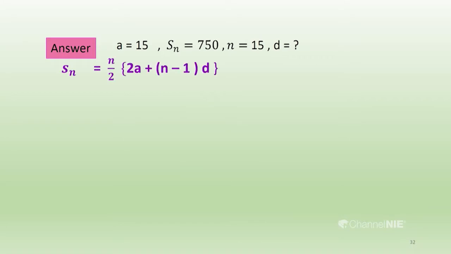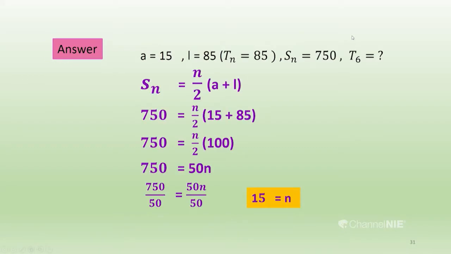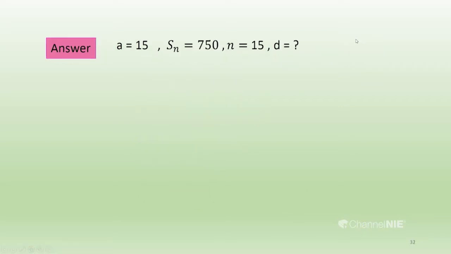Sn equals n over 2 times 2a plus n minus 1 d. Here we got the number of terms as 15, then we are going to find the 6th term. To do that I substitute the values into the formula.